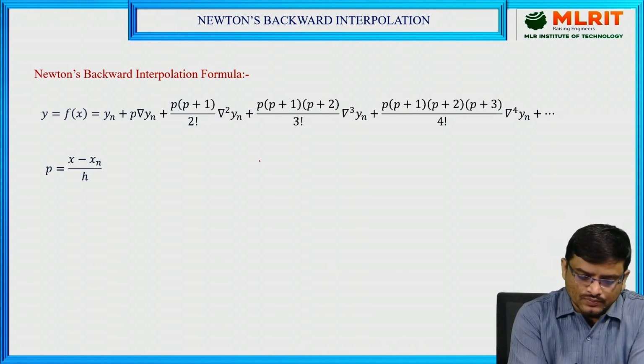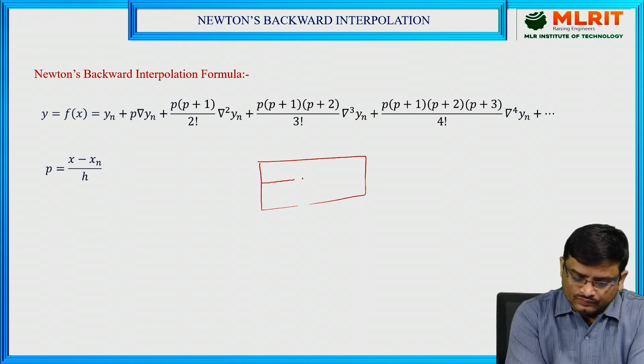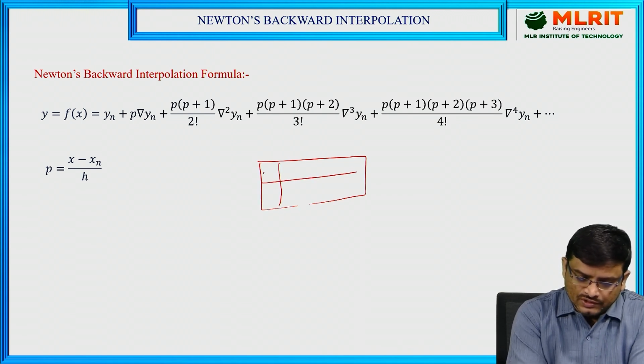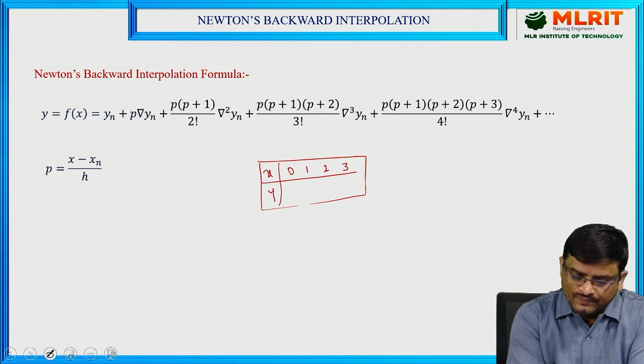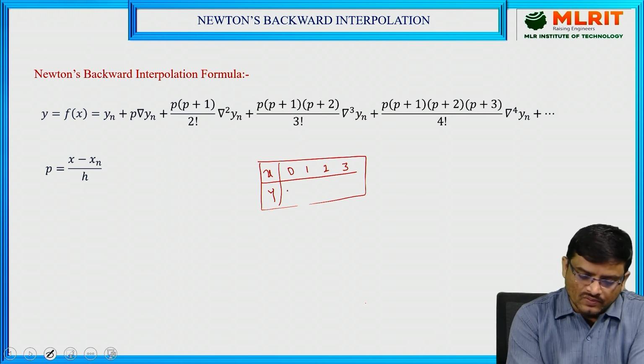Now let us suppose that I have taken some data. This is x values and this is y values. So 0, 1, 2, 3 are the x values I have considered and its corresponding y values, let us consider some values here, 4, 6, 7.